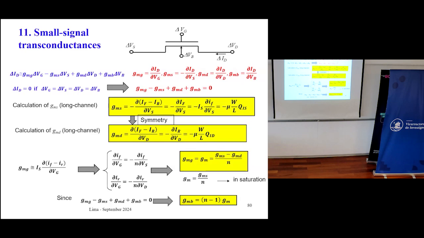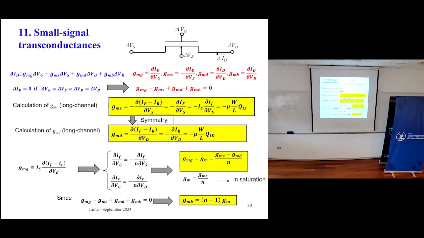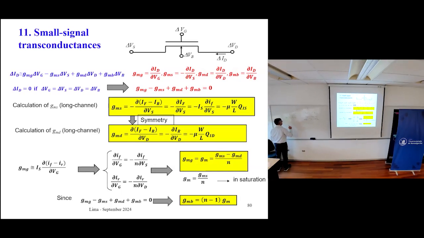IF equals IS times small if, right? IS is not a function of the source voltage, so I can remove it from the derivative.